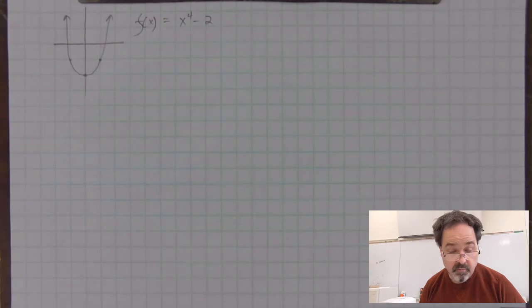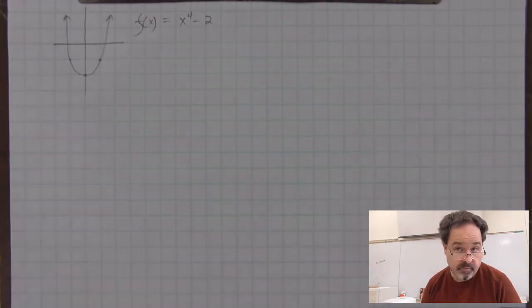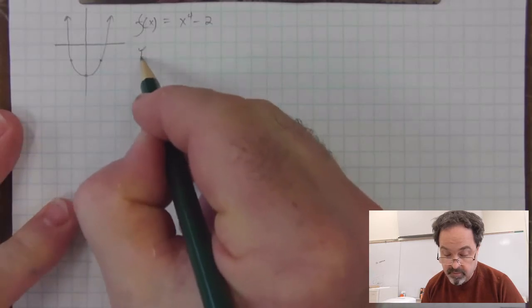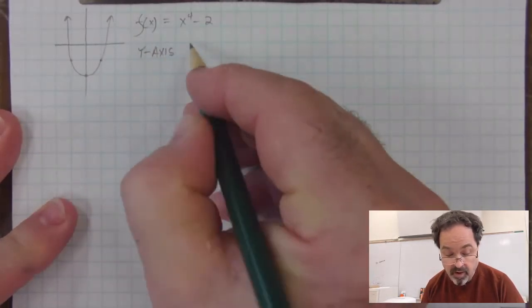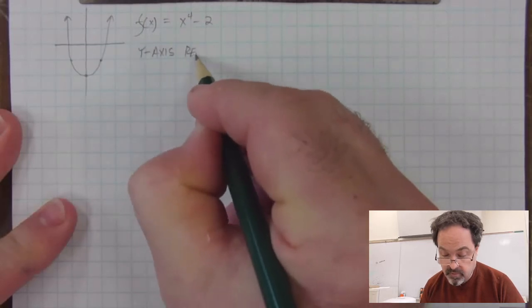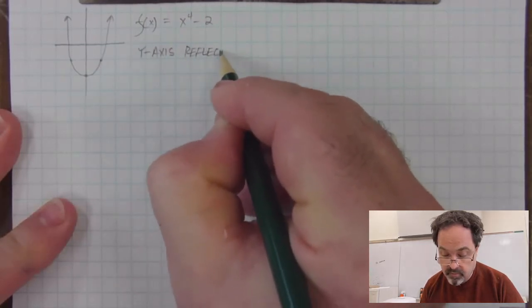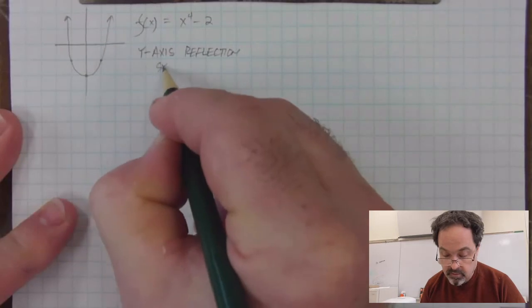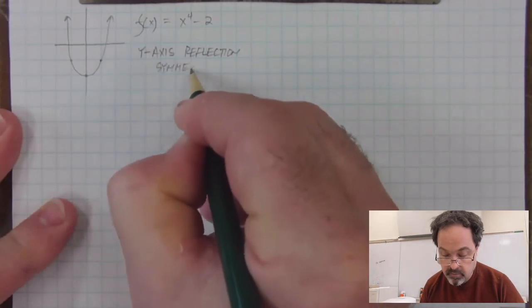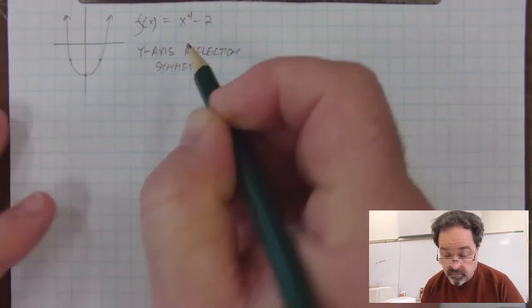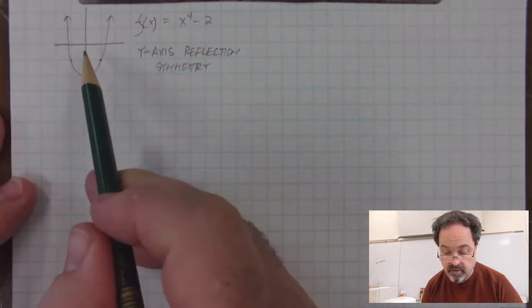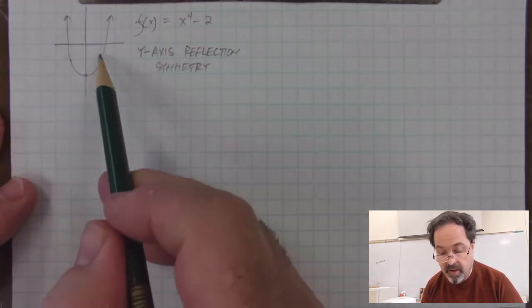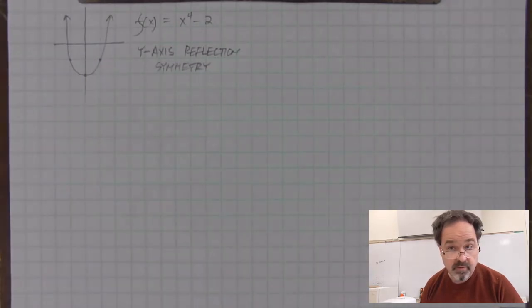And of the many things that we could say about this function, just simply looking at its graph, one thing that we might be able to prove is that it has y-axis reflection symmetry. It looks like it does.